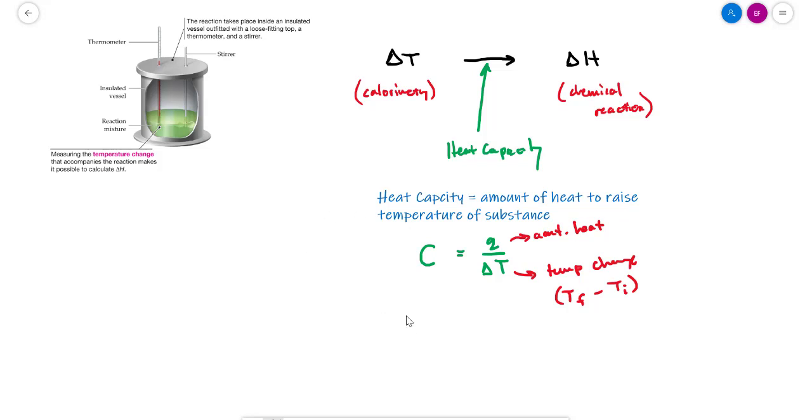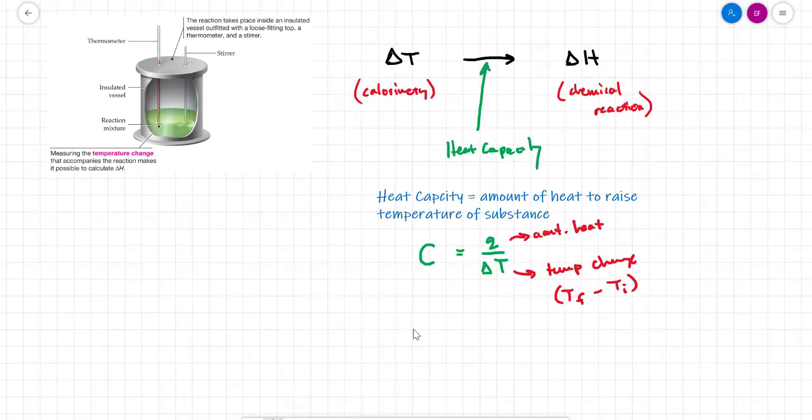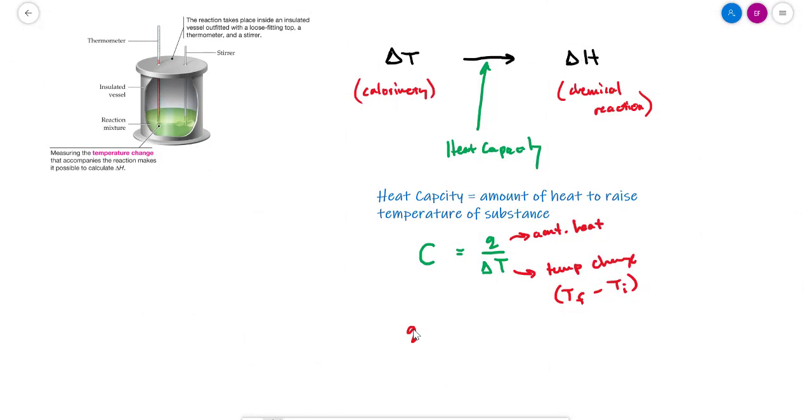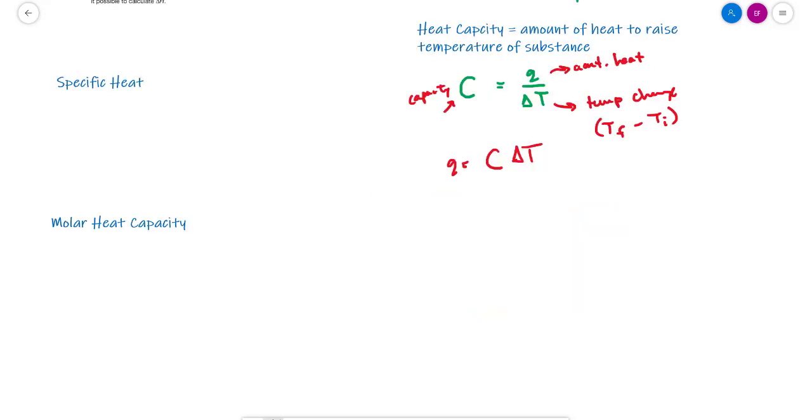We could rearrange this expression and write that the heat absorbed or transferred in the system is going to be the heat capacity of that particular substance times the temperature change of the system.